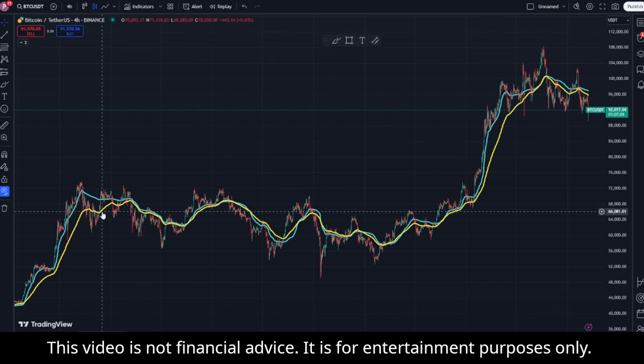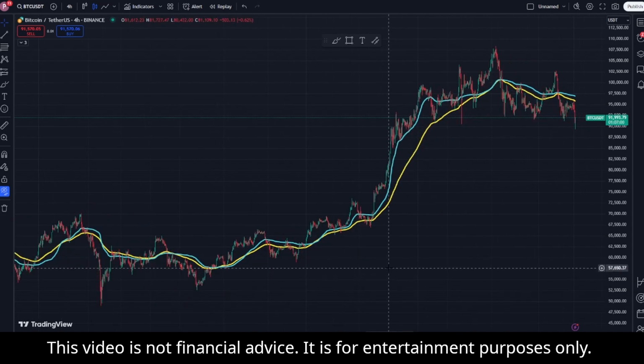So what's the main difference? Maybe the reaction time of the blue line is better, because when there is an uptrend, a very violent move upwards, for example here in November 2024 for Bitcoin, the blue line was reacting faster than the exponentially weighted moving average, as you can see.